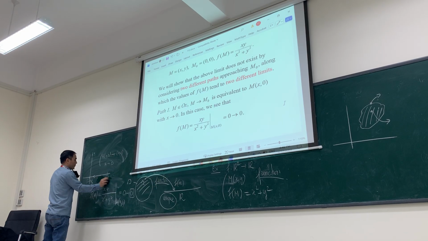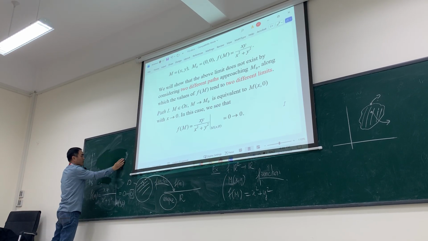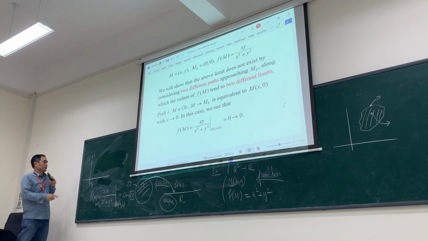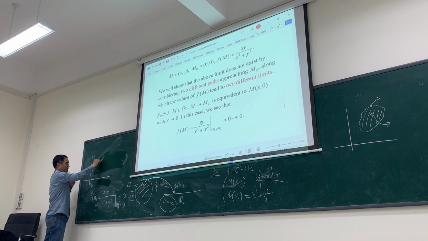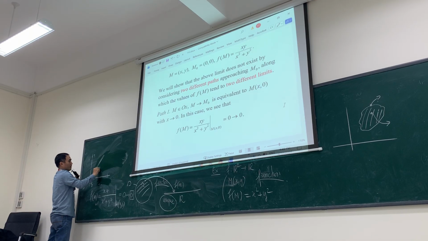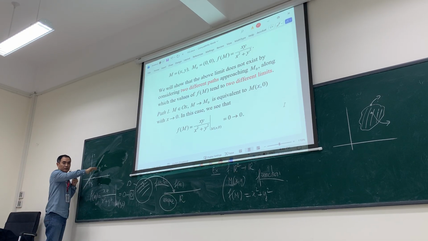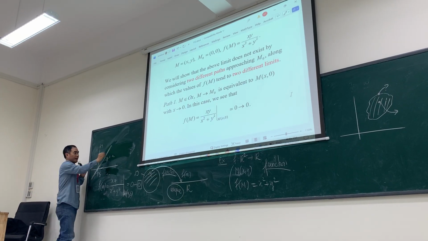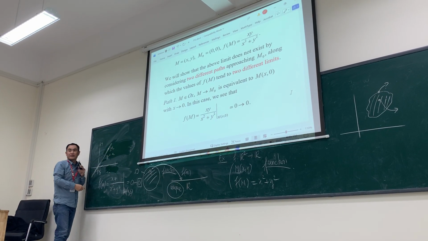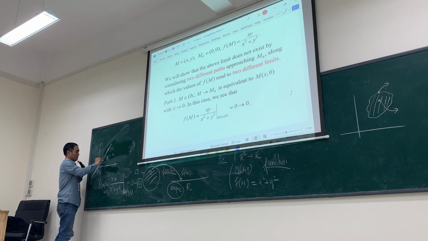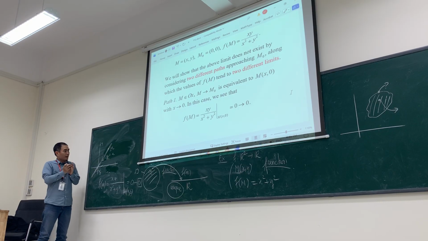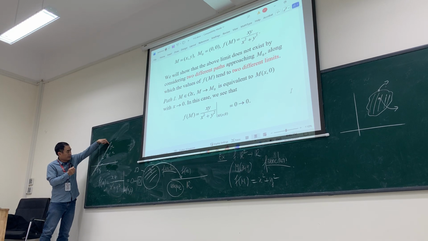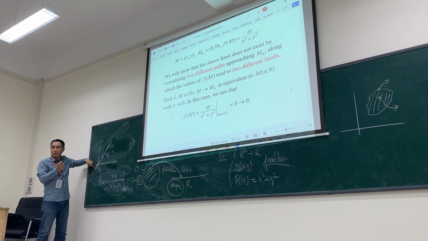To continue, we can do the second way. We can take M tending to M0, where M belongs to this path, this line, with equation y equals x. If M belongs to this line y equals x and M tends to M0, what does it mean?